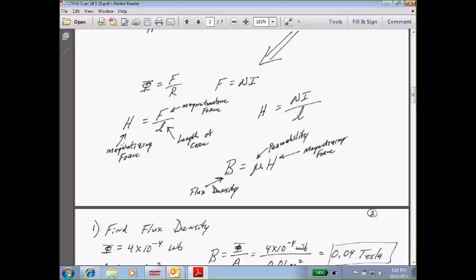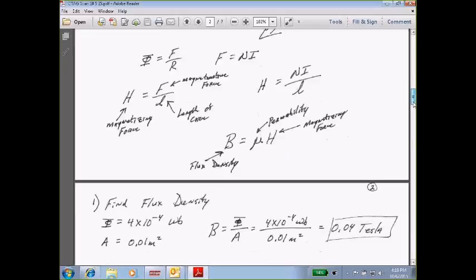Now, magnetizing force, now we're looking at magnetics. Magnetizing force is equal to the magnetomotive force divided by the length of the core. So H is equal to Ni over L, because the force is equal to the number of turns times the current, and of course the length, we're talking about the length of the core of the electromagnet.